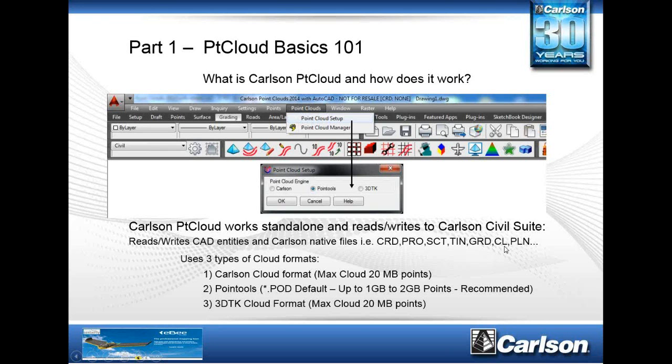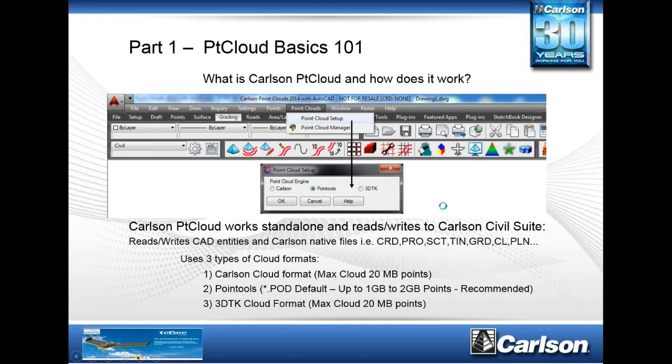We pretty much use the CL and the PLN files to import from the AutoCAD drawing into Point Tools. So those are the 3 types. We can only handle about 20 megabytes of points with Type 1 and Type 3, and Type 2, the Point Tools engine, depending on the memory of your computer, can handle 1 gigabyte to 2 gigabytes of points.